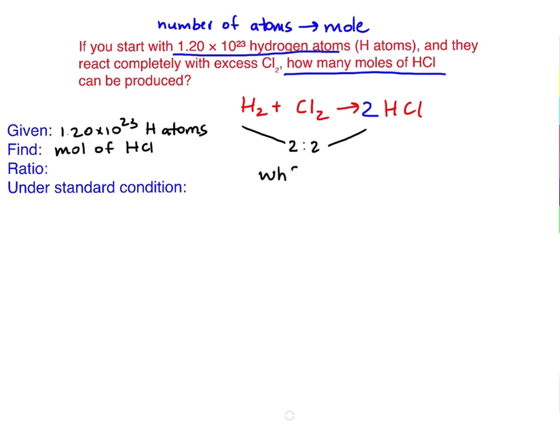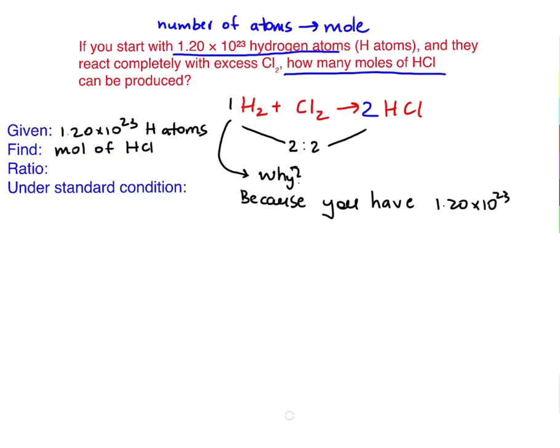Why is that? Because you have one mole, but you need to find the H atoms, or you have been given the H atoms. So you need to make sure you write the two, because you have two H atoms per molecule.